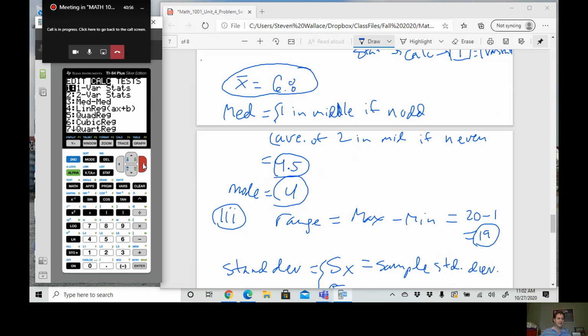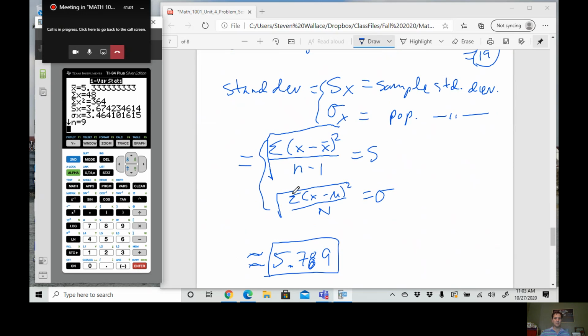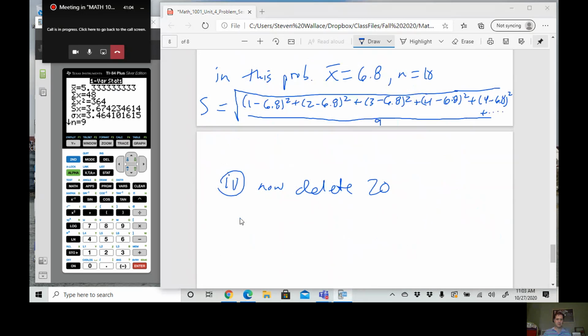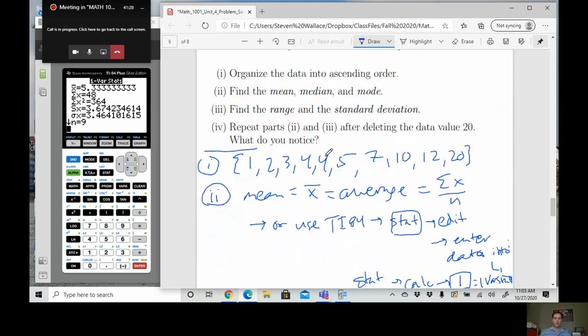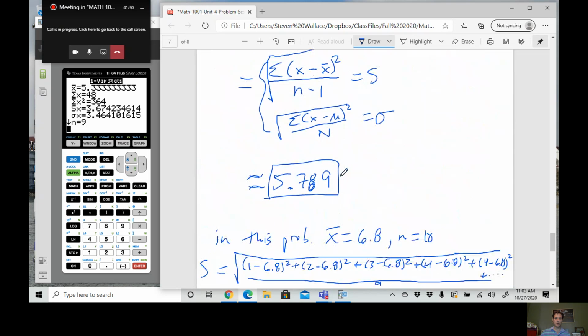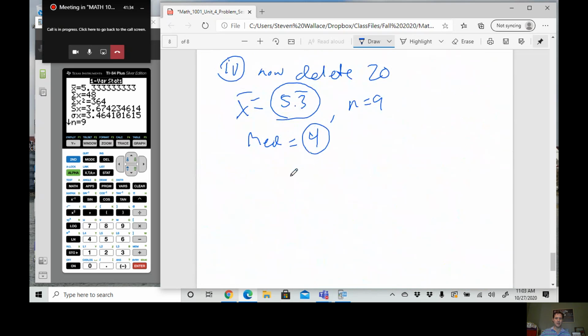If I go to stat, calc, one variable data stats, now my mean is different. The n is now 9, so the number of data values has gone down. The median is 4. If I take away 20, now 4 is the one in the middle. There's a unique one in the middle, so that changed the median only a little bit. The mode hasn't changed at all.